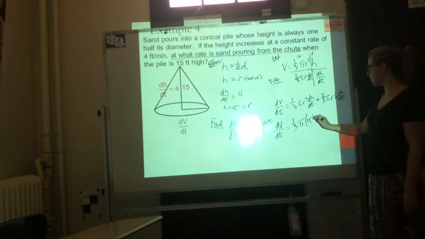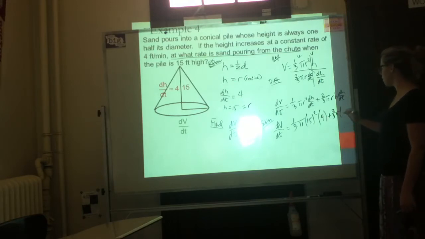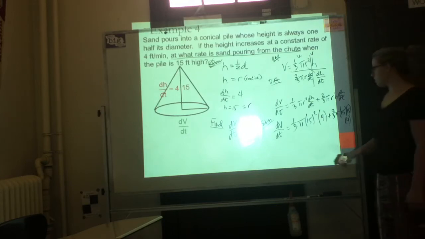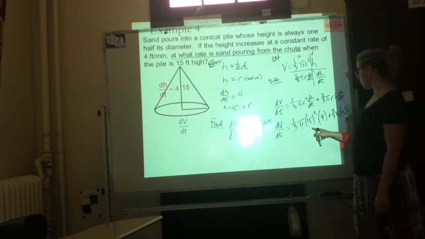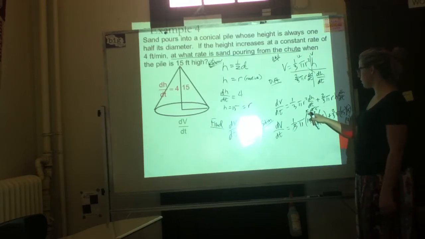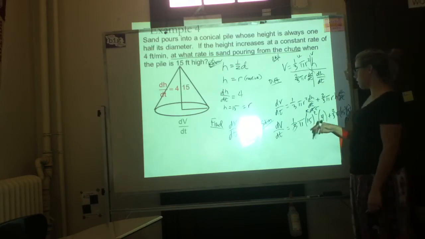So 15 squared times dh/dt, which is 4, plus 2/3 pi times 15 times 15 times 4. Let's do that out. I could just multiply this. 15 times 15, this 15 is going to make a 5. So 15 times 5 is 75, 75 times 4 is 300.